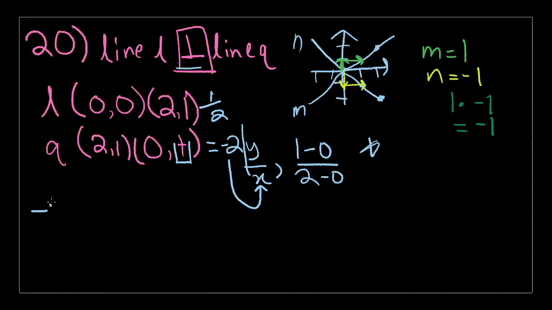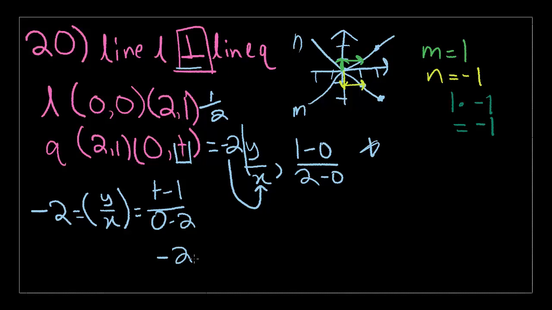Well, the slope, which is minus 2, is equal to the change in y over the change in x. So the change in y is t minus 1. The change in x is just a simple 0 minus 2. So when you simplify this, minus 2 is equal to (t minus 1) over minus 2.